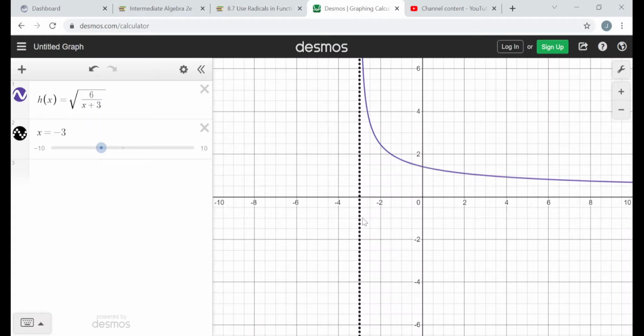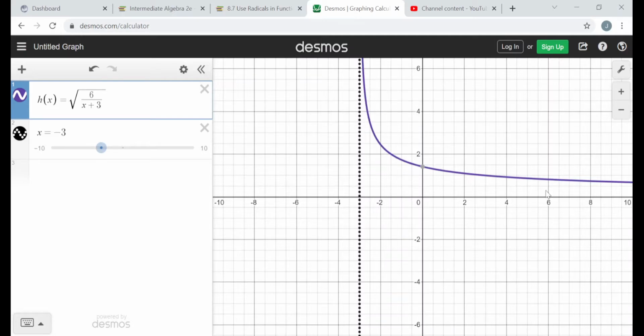Right? But notice, every point on the purple graph has an x value greater than negative 3, just like we said on paper. Right? 5 and 5.46 and 6.8 and negative 1.8, negative 2.51, negative 2.66, whatever.